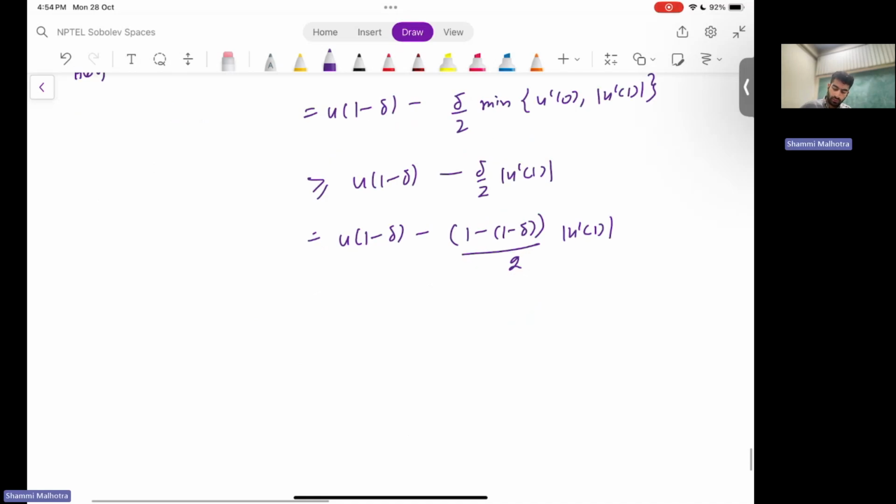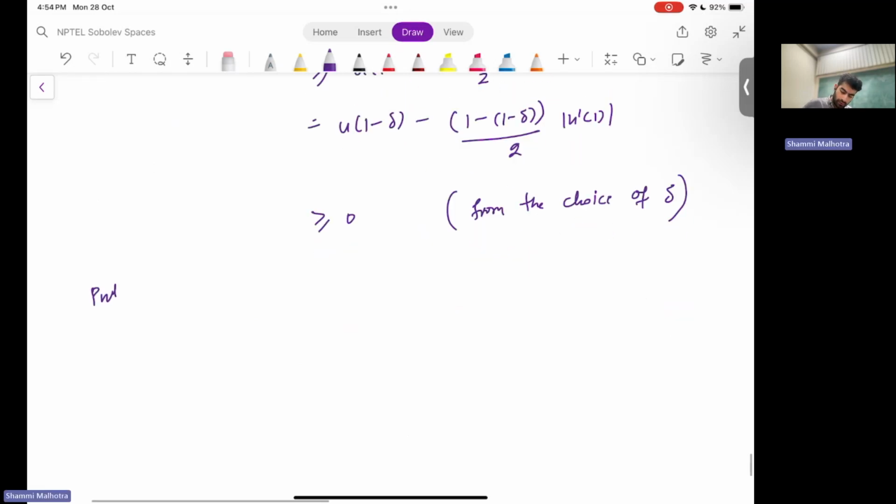And again using the choice, this is greater than or equal to 0 from the choice of A, from the choice of delta. Now this will actually imply that W of 1 minus delta is 0.